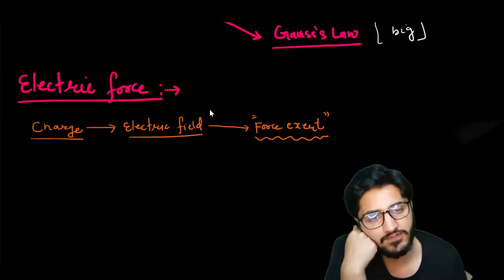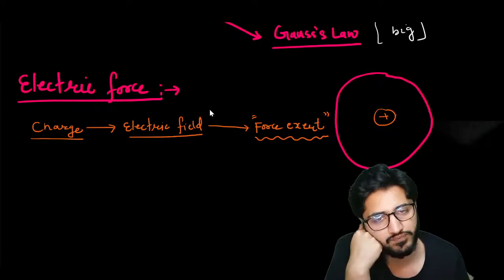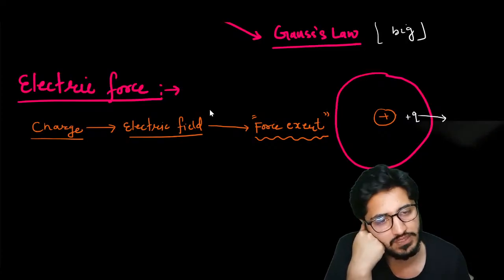Look now, let's say we have a charged particle here, Q. This charged particle has its own field around it. Now, in this field, if we put one more charged particle, plus Q, this plus Q will feel a force of repulsion.